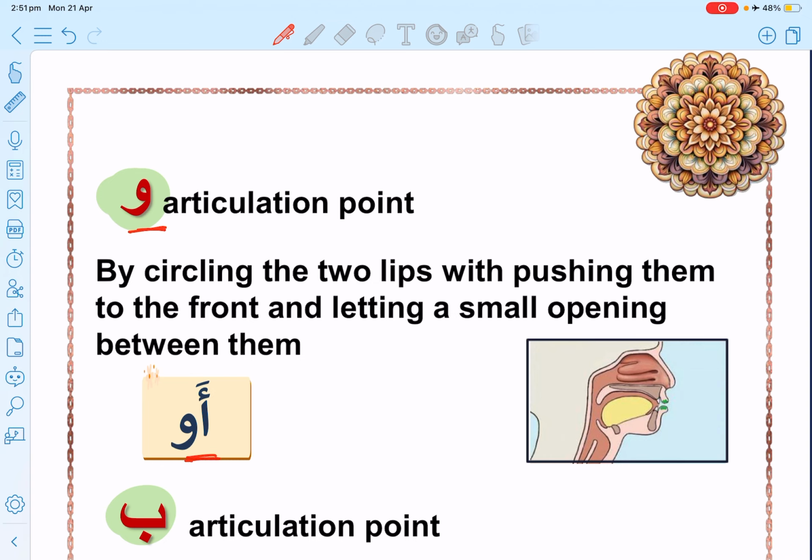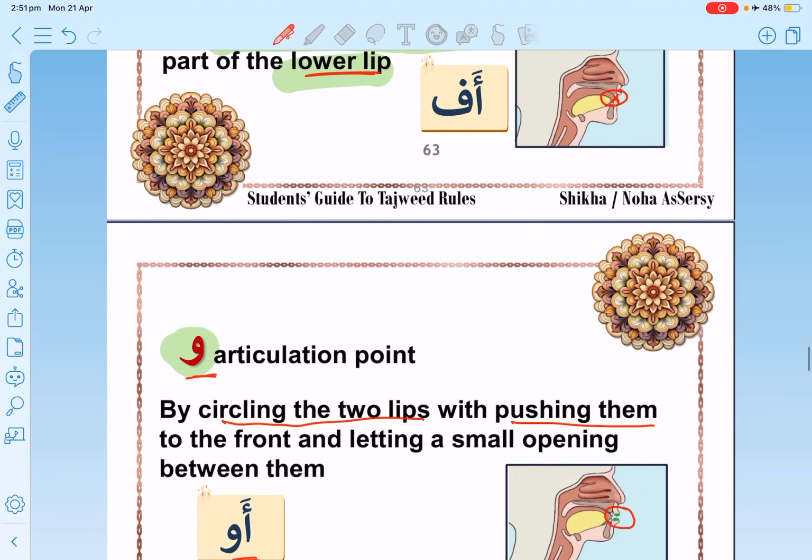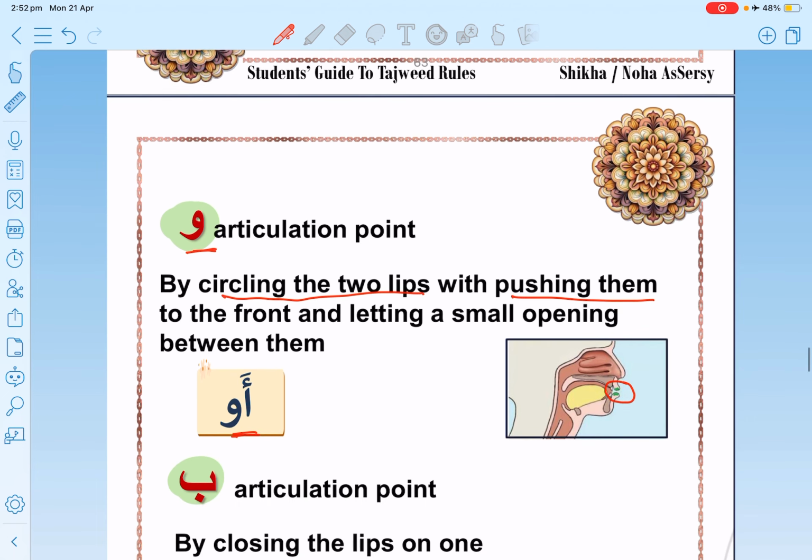For example, when you say أو, you will notice that you circled your two lips and pushed them to the front, and you let a small opening between them. So this is the articulation point for the واو غير مادية letter.